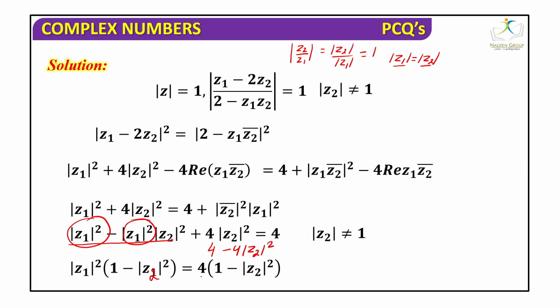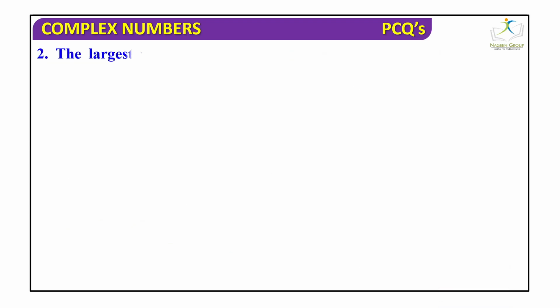From this complete, take common 4, then it will be 1 minus |z2| whole squared. From this it is the same factor, so we get |z1| squared equal to 4. If |z1| squared is equal to 4, it means here option number 3 is right.